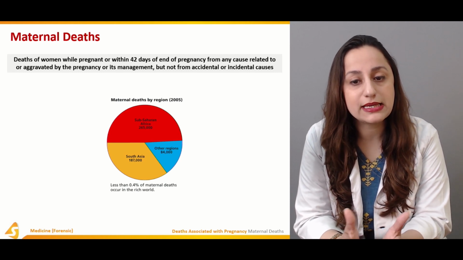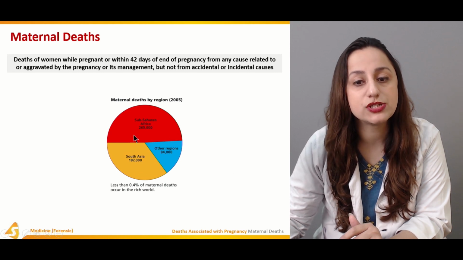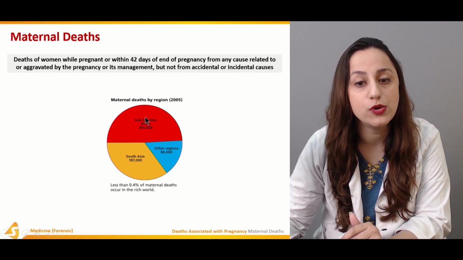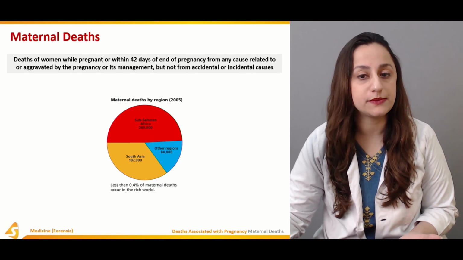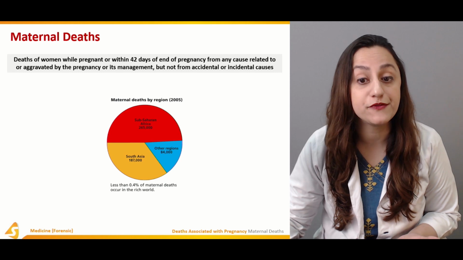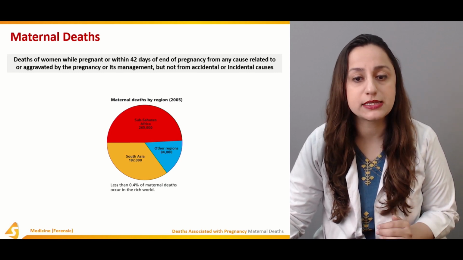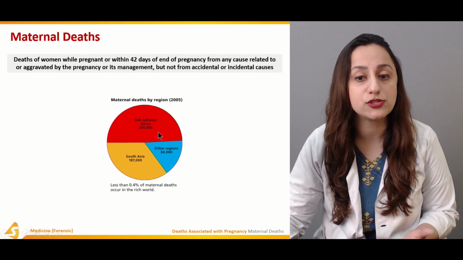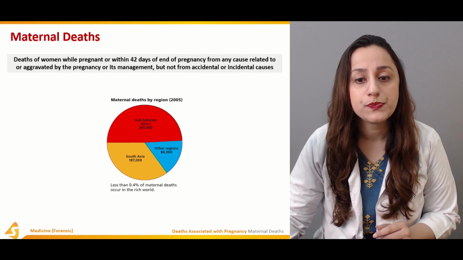Now, the pie chart that is shown over here is basically giving you an overview about the severity of this issue. This research was carried out somewhere in 2005. Maybe the situation has improved or not improved during this period, but still just to have a look and to know the severity of the issue.